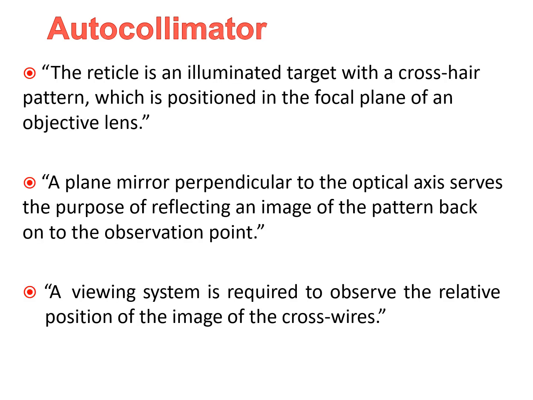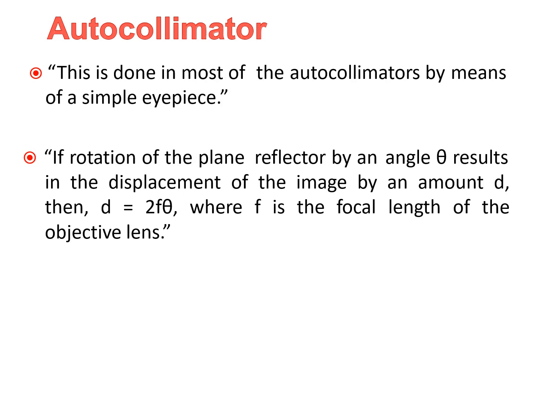The reticle is an illuminated target with a crosshair pattern, positioned in the focal plane of an objective lens. A plane mirror perpendicular to the optical axis serves the purpose of reflecting an image of the pattern back onto the observation point. It can be easily measured by means of the eyepiece, that is d equal to 2 f theta.